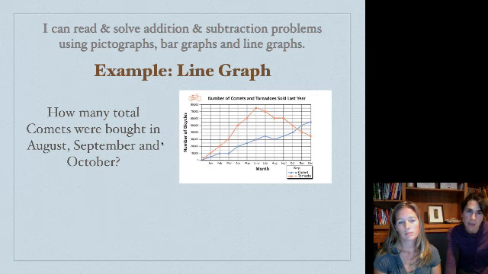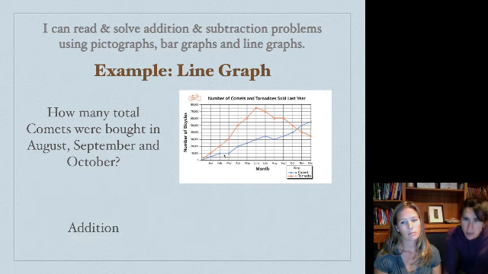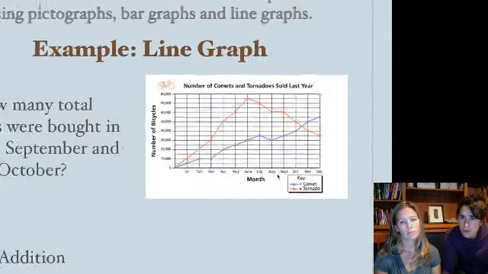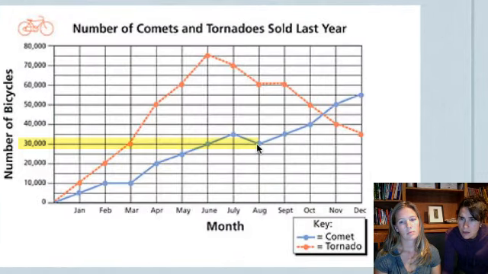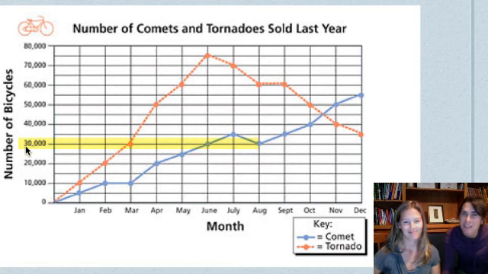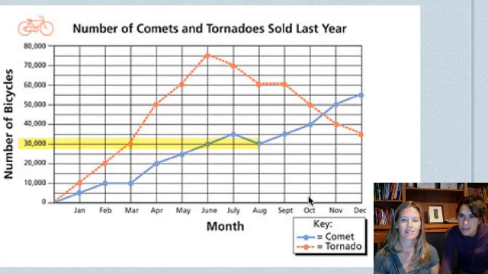So hopefully when you're looking at this, you're thinking addition. Now, it might be sort of hard to see, but if you're looking here for August, we can look at our dot here and move over, and it should be 30,000 for August. Then we're going to look at September, same thing, travel over. Ooh, it's falling in the middle again.